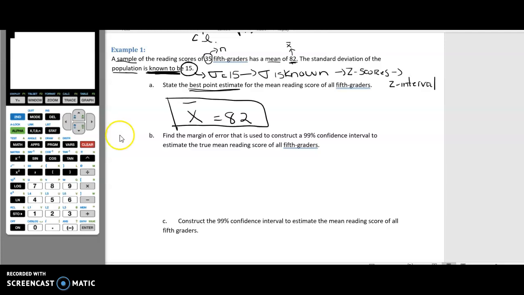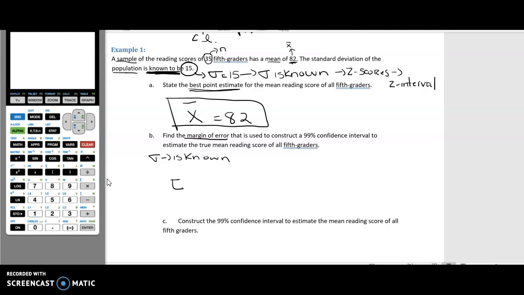Second part, find the margin of error that is used to construct a 99% confidence interval to estimate the true mean reading score of all fifth graders. So here, we're just trying to calculate the margin of error. Well, in this problem, sigma is known, right? They gave us sigma.